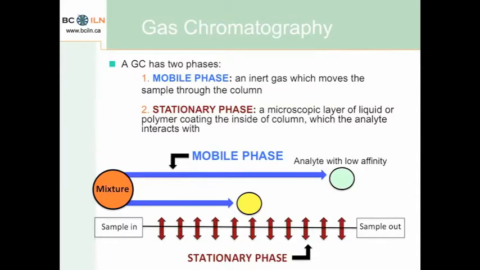If an analyte has a low affinity or attraction to the stationary phase, it's going to pass through the column relatively quickly because there's nothing to slow it down. If an analyte has a high affinity, it will have a greater interaction with the stationary phase and therefore take a longer period of time to pass through the entire column. This is essentially how separation occurs with gas chromatography.